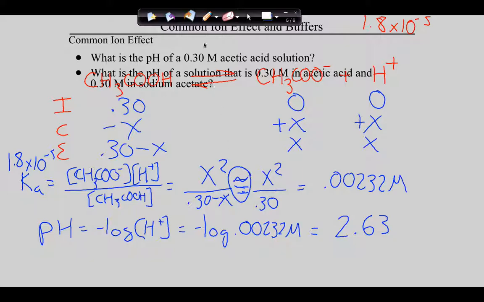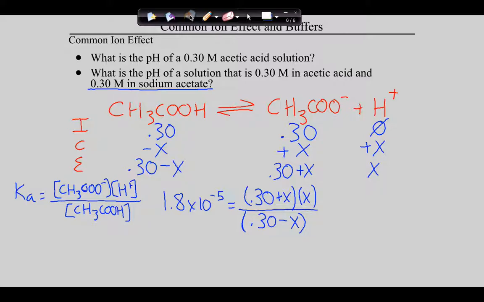But guys, watch this. Notice how this is different. We still have our 0.3 minus x. But look at what else we've got. A 0.3 plus x. Now guys, does it seem reasonable that this x is so small compared to 0.3 molar here, we could disregard it? Could we also then disregard it because it's also small compared to that 0.30?